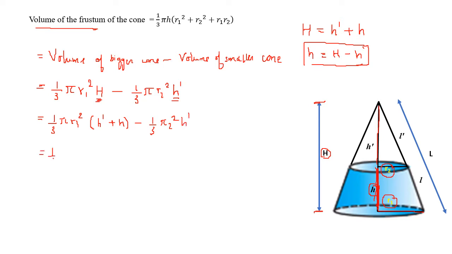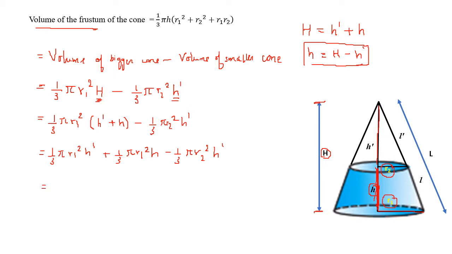So I have got 1 by 3 pi r1 square h prime plus 1 by 3 pi r1 square h minus 1 by 3 pi, sorry, r2 square h prime.